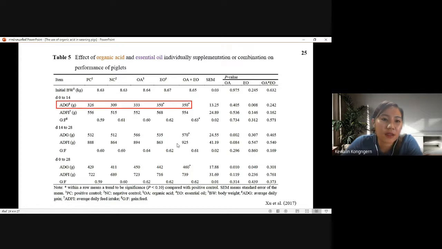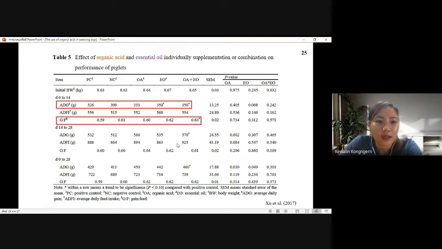In days start to 14, the ADG of organic acid combined with the essential oil is higher than the other groups, but it's the same result as essential oil individually. And for gain per feed, we will see the organic acid combined with the essential oil has the greatest result of all groups.